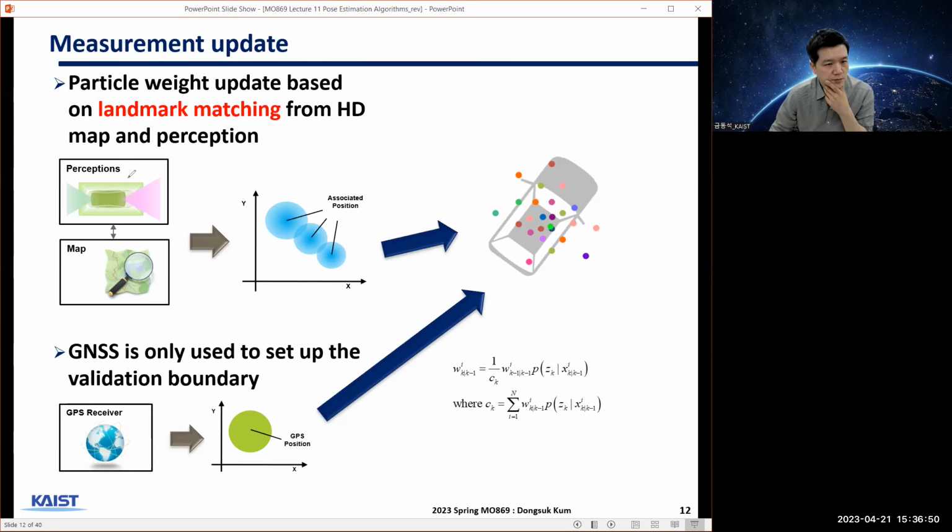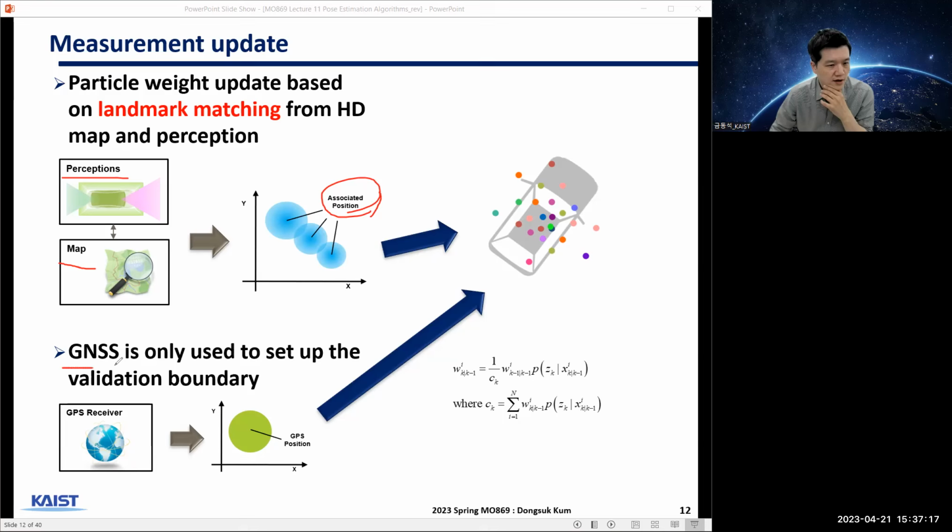We need perception results and a map, and then by matching, we can find the associated position. But of course, this will also have some error, so there is uncertainty there. So it's described as a distribution.